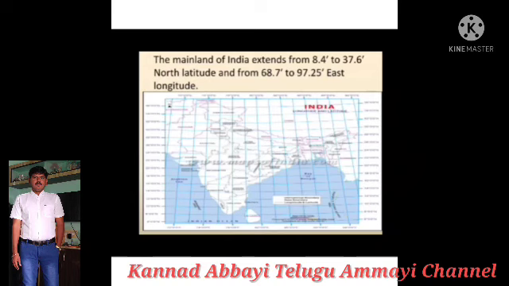The mainland of India extends from 8.4 degrees north to 37.6 degrees north latitude, and from 68.7 degrees to 97.25 degrees east longitude.